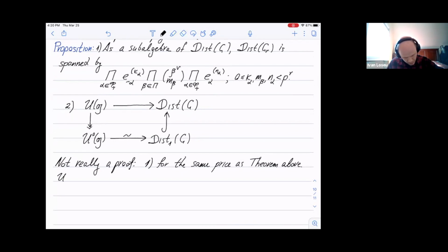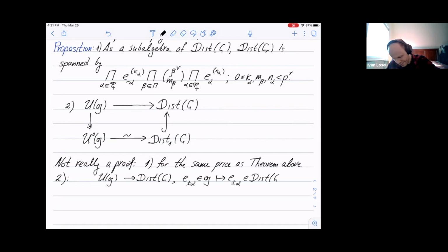So this homomorphism sends E plus minus alpha, viewed as an element of the Lie algebra, to E plus minus alpha in the distribution algebra. It also sends beta check to beta check.